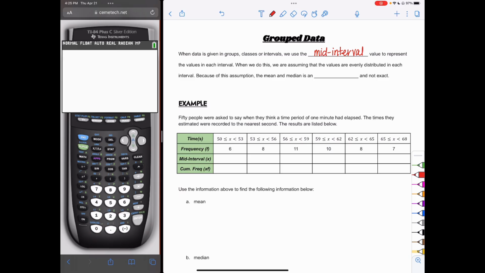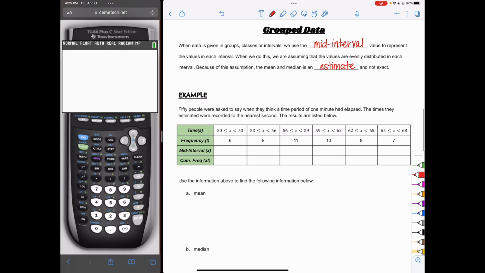When we do this, we are assuming that the values are evenly distributed in each interval. And because of this assumption, we have to understand that the mean and the median are estimates. They may not be exact. Sometimes they will be, sometimes they won't be, but they should be close.